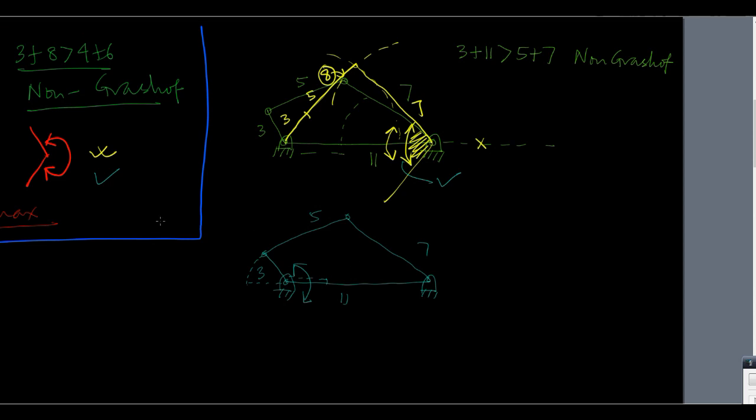To find the maximum position, let's use yellow here. 7 and 5 collinear make 12. This is 11 already, just slightly bigger than that. That is 12. You draw this arc over here, that's 12, and then here with the 3 you draw another arc.